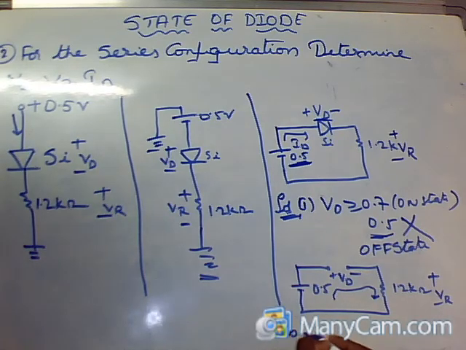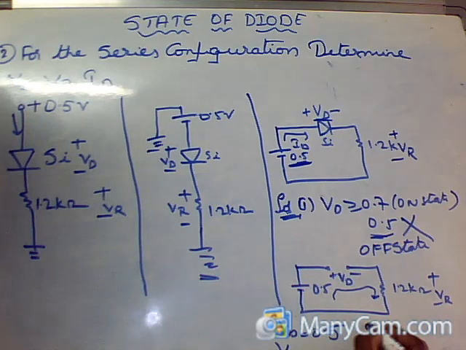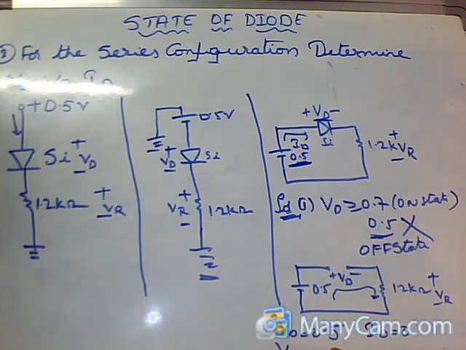VD is 0.5, ID is 0, and VR is ID into R, which is 0.